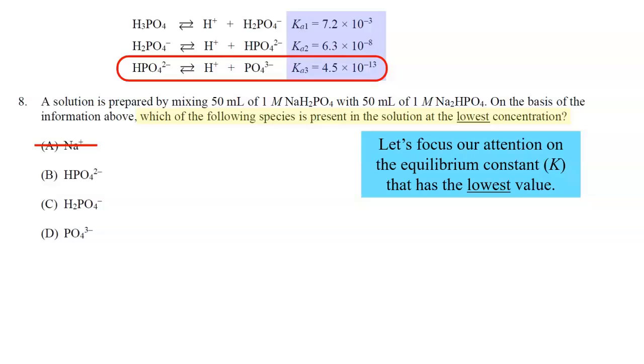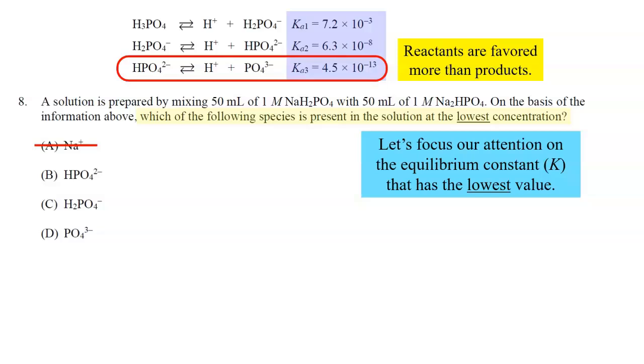So that K value is 4.5 times 10 to the negative 13. And that's the smallest K value of the three equilibrium constants that were given. Now, because the K value is so small, it means that the reactants are favored more than the products.